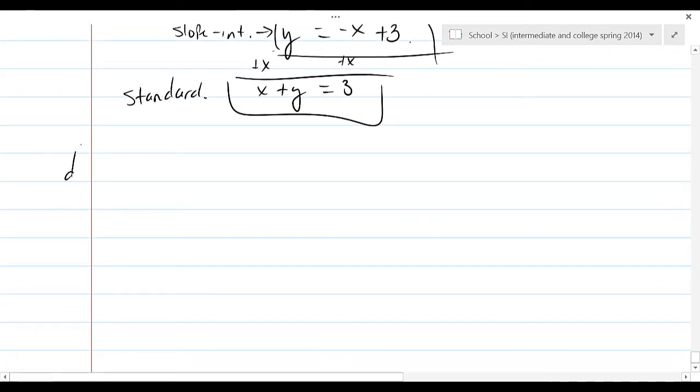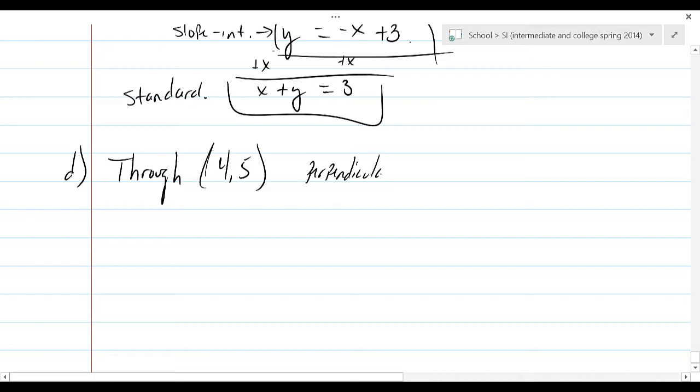D goes through 4, 5 and perpendicular to x plus y equals 4. What do we know about perpendicular lines? We know that their slopes are opposite reciprocals.